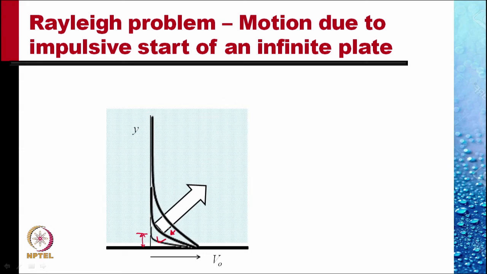And now, the effect of the motion of the plate has penetrated to about this height. Above this, the fluid can be taken to be at rest. At a little later time, the effect is penetrated to say up to here.